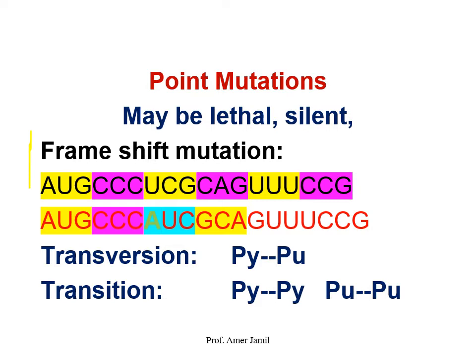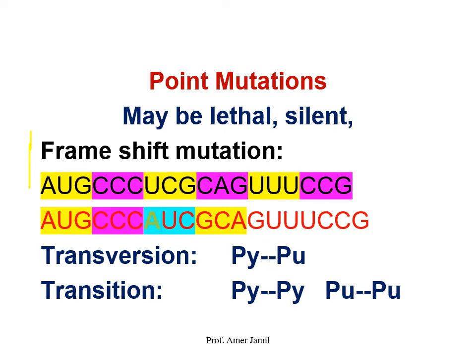If we add a nucleotide here, you can see the whole frame is shifted downwards. Just to remind you that these three nucleotides combine to form a codon, which gives a message for one amino acid during the translation.